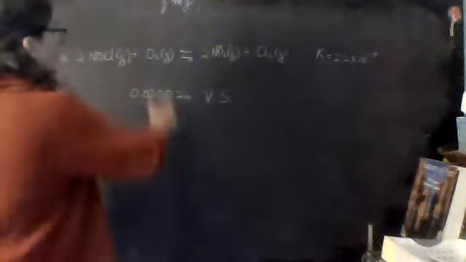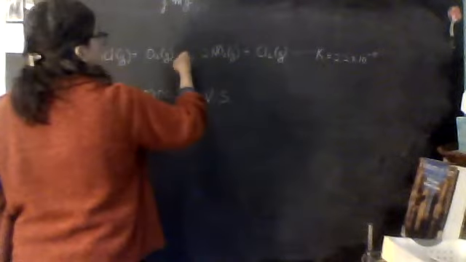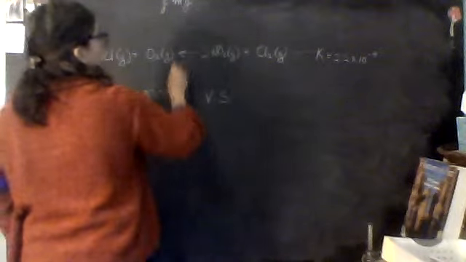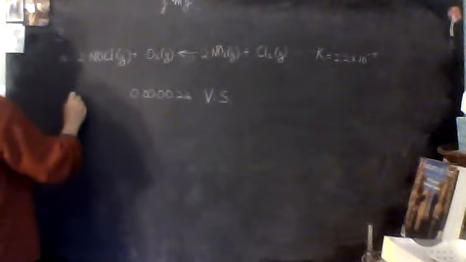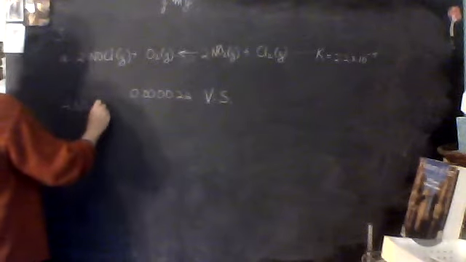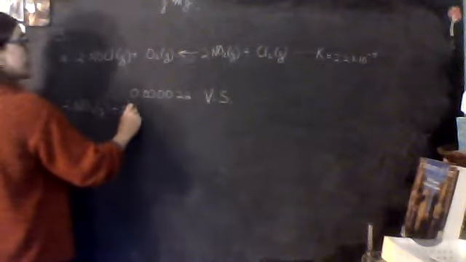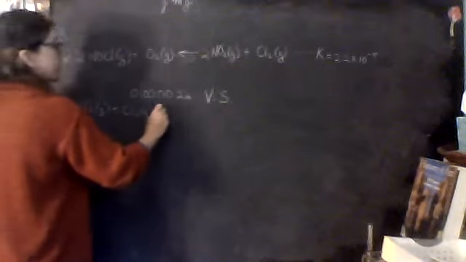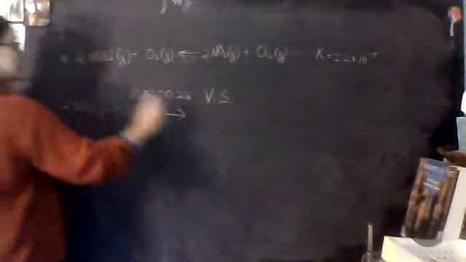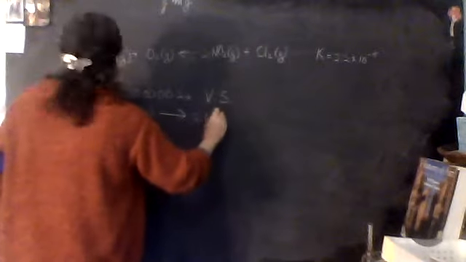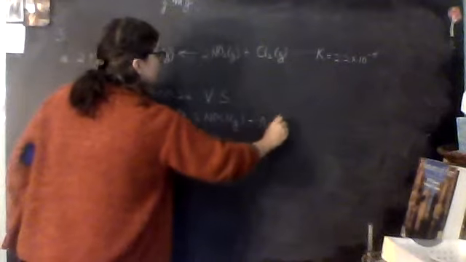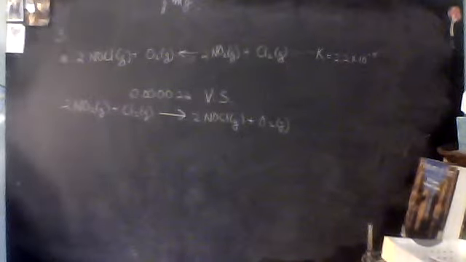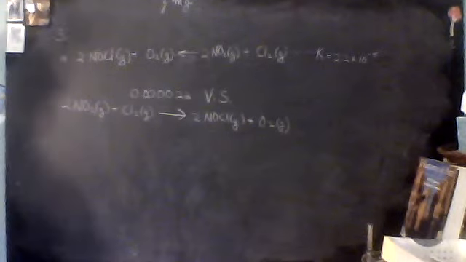We kind of write it backwards, but that's not conventional, so you're going to rewrite it: 2 NO2 gas plus Cl2 gas yields 2 NOCl gas plus O2 gas. Does that make sense?